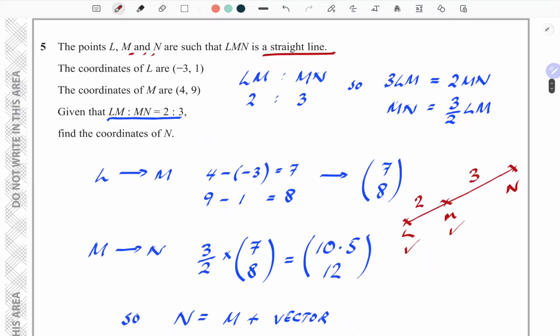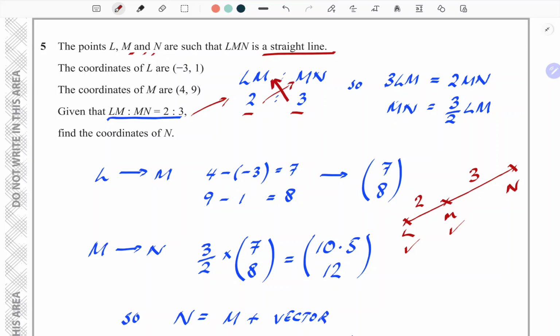All right. Okay, how are we going to use that? The ratio, if we start with that, LM to MN, so the first part to the second part of the line, is a ratio of 2 to 3, as given in the question. In order to turn that into an equation, we cross multiply. All right.